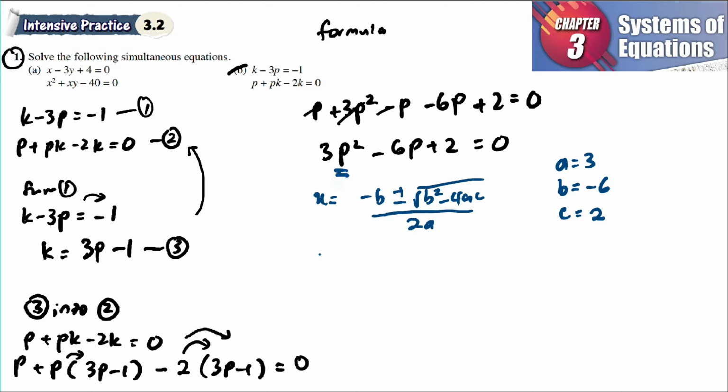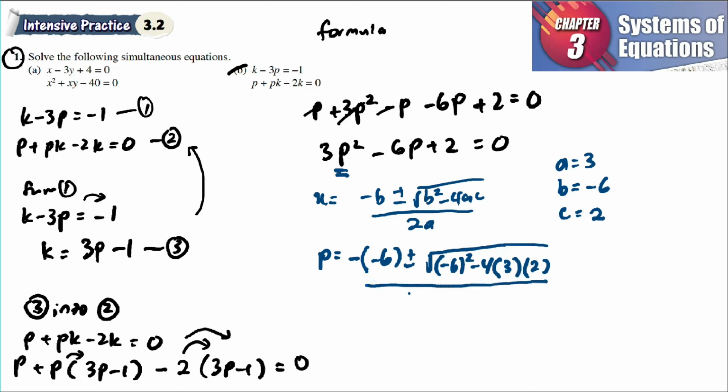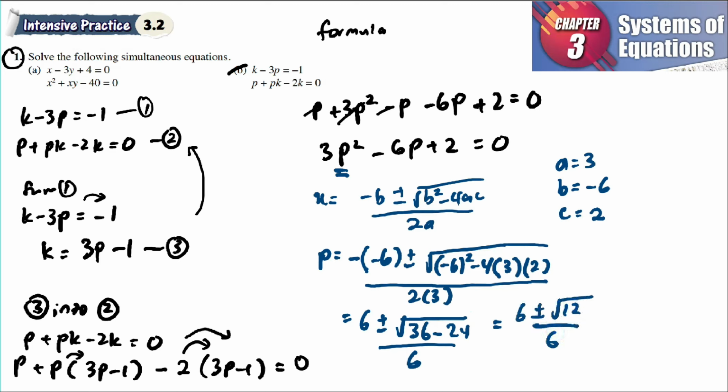So this is p. p is equal to negative b, b is negative 6, plus or minus the square root of negative 6 squared minus 4, a is 3, c is 2, divided by 2a, 2 times 3. Negative negative 6, you get 6, plus or minus the square root of negative 6 squared is 36, 36 minus 4 times 3, 12, 12 times 2, 24, divided by 6. Which is equal to 6 plus or minus the square root of 12, divided by 6.